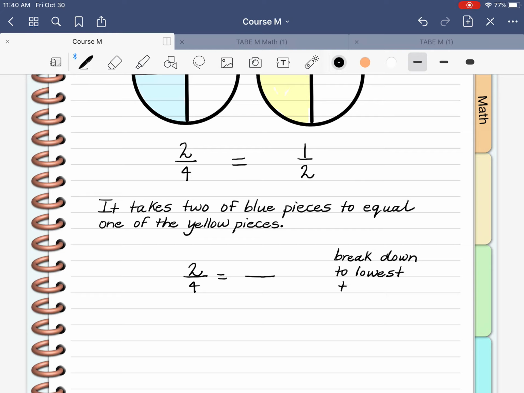This is one way to find an equivalent fraction. Breaking down, that's either division or subtraction, and it's going to be division with a fraction. So I'm going to divide the top and bottom by 2. 2 will go into both of those. So 2 into 2 is 1, and 2 into 4 is 2. So I can break it down with division.